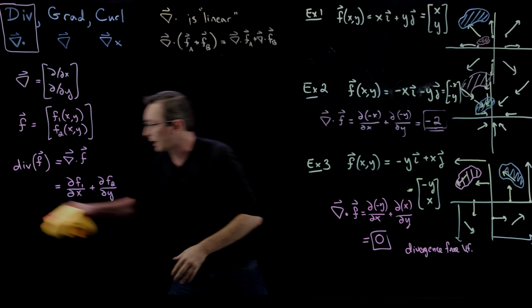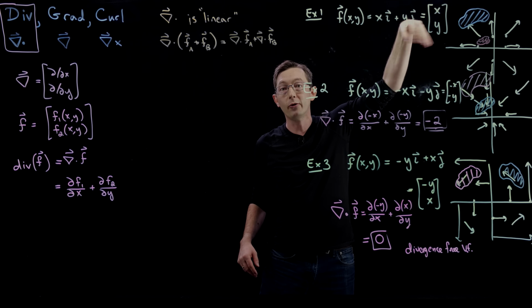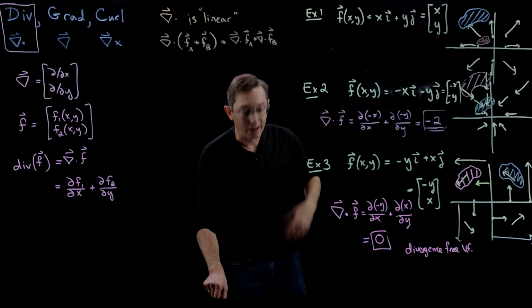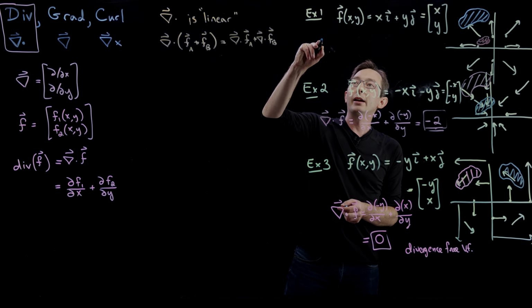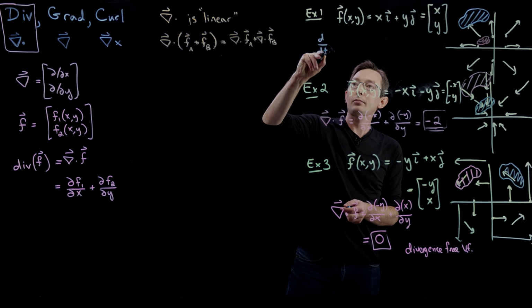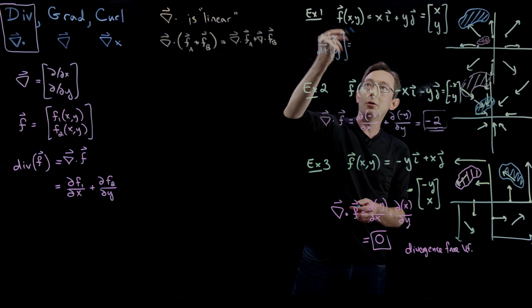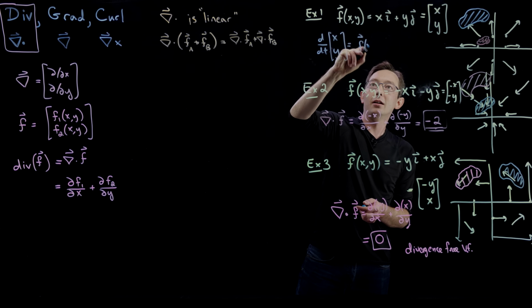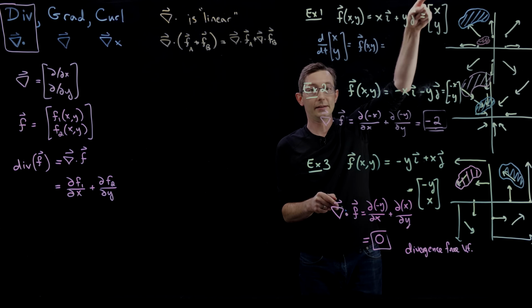I can think of how a particle will flow or move around in this vector field, and this is a very useful perspective in systems. So I can write d/dt of my point (x, y) equals F of x and y, and in that case it equals this vector field here.